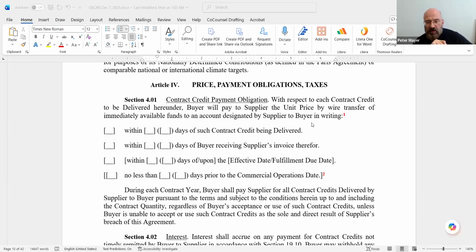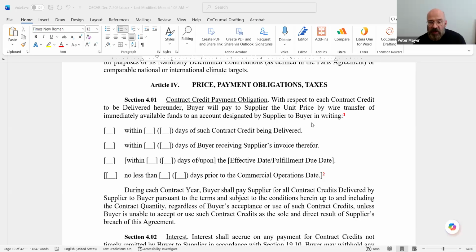The default rule in an offtake agreement is payment upon delivery. Well, what this agreement does, it provides a few other options or scenarios depending on where the project is at the time when this agreement is being signed. For instance, commercial operations might not have commenced yet, right? If the project's up and running and is already generating credits and selling credits, it's relatively easy.